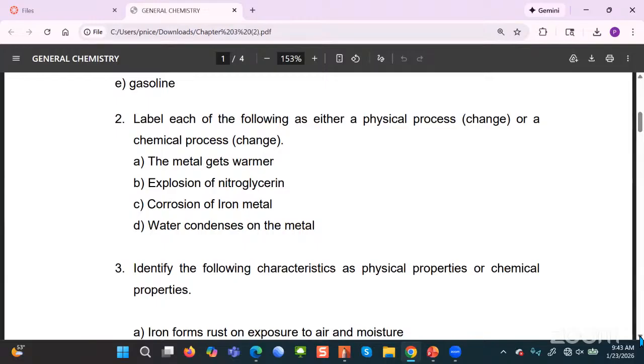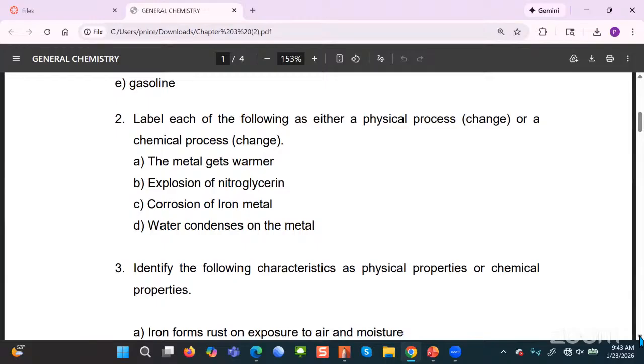Another example would be the vaporization of liquid water to gas. Again, that's another example of a physical change. An example of a chemical change would be, starting again with water, if you pass an electric current through water and it breaks up into its constituent elements, hydrogen and oxygen.